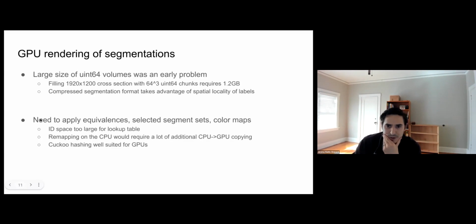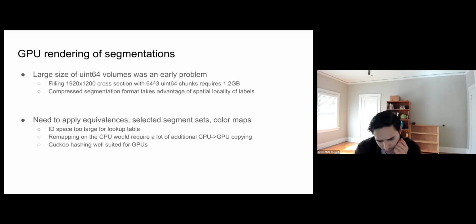Another challenge that came up in Neuroglancer is that as you're moving the mouse around selecting segments, we wanted to be able to very quickly change which segments appear to be selected in the cross-sectional views, and apply various color maps and equivalences to them, without having to rewrite and re-upload all of the data to the GPU and do a lot of CPU processing as this changes.